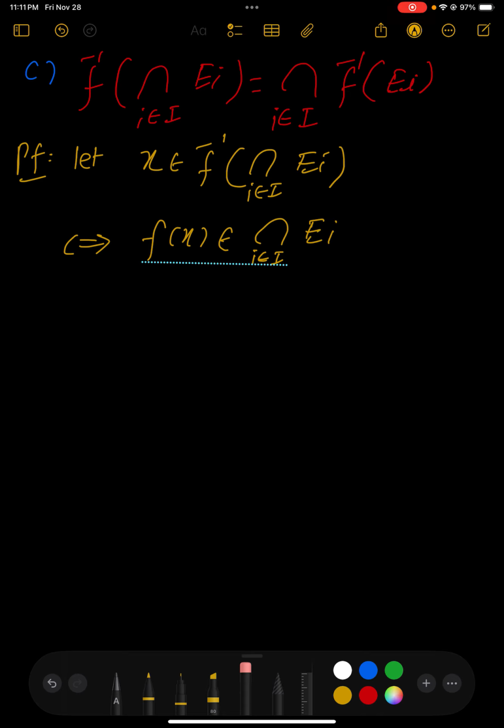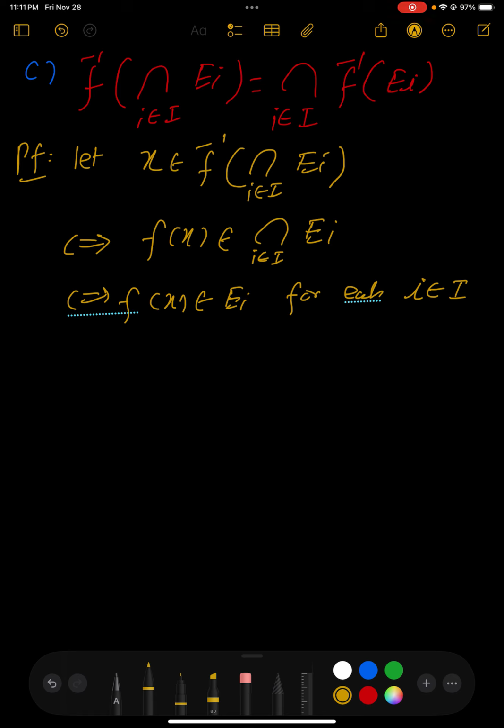Now if any element belongs to the intersection, this clearly means that f of x will belong to ei for each i belonging to I. If I say an element belongs to the intersection, it means it will belong to every set. Now what does this mean?